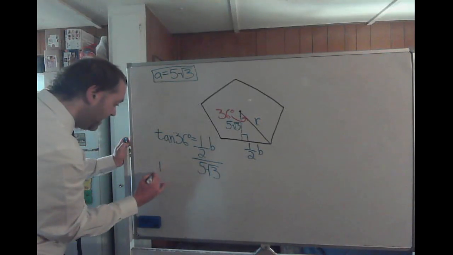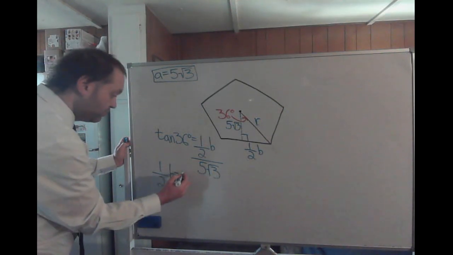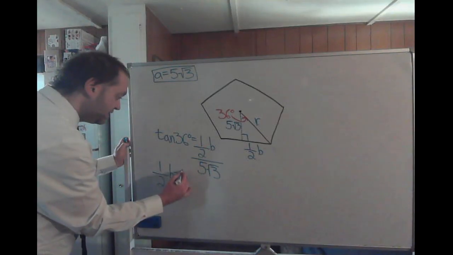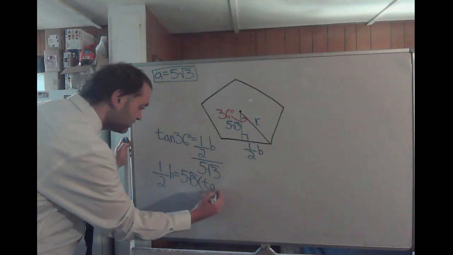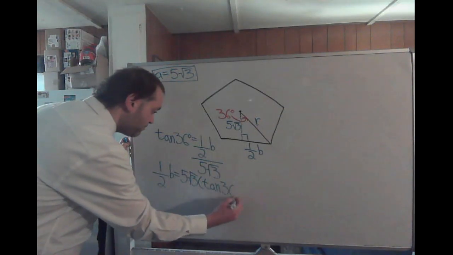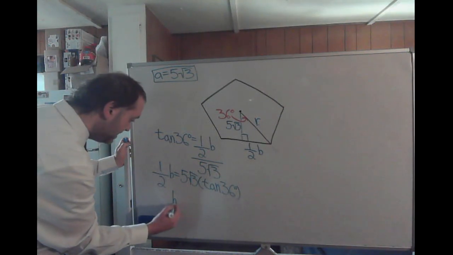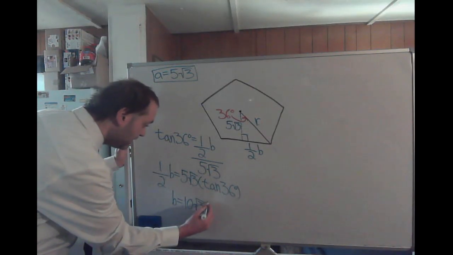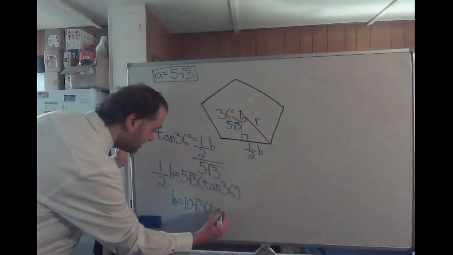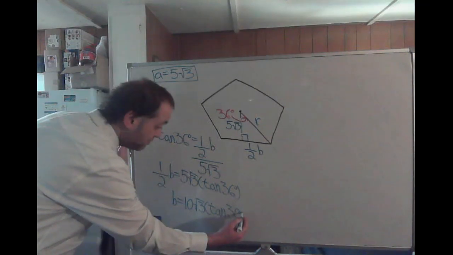And then, of course, half the base would be equal to 5 times the square root of 3 times the tangent of 36 degrees, which then means the base is exactly equal to 10 times the square root of 3 times the tangent of 36 degrees. So yeah, sometimes these can get pretty hideous.